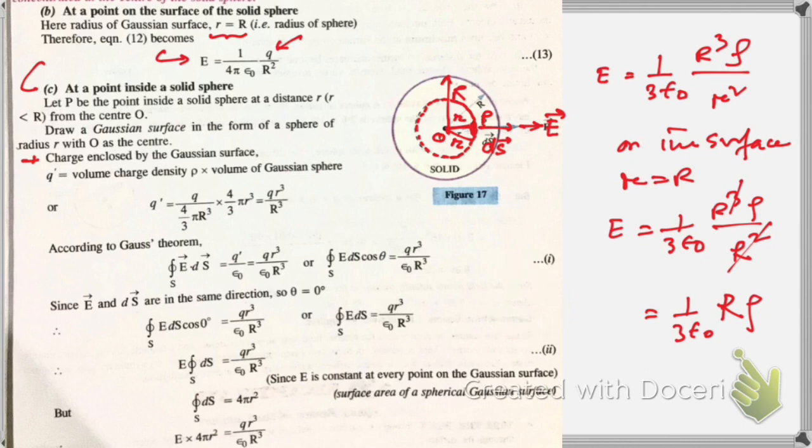The charge enclosed by this Gaussian surface we take as Q dash.